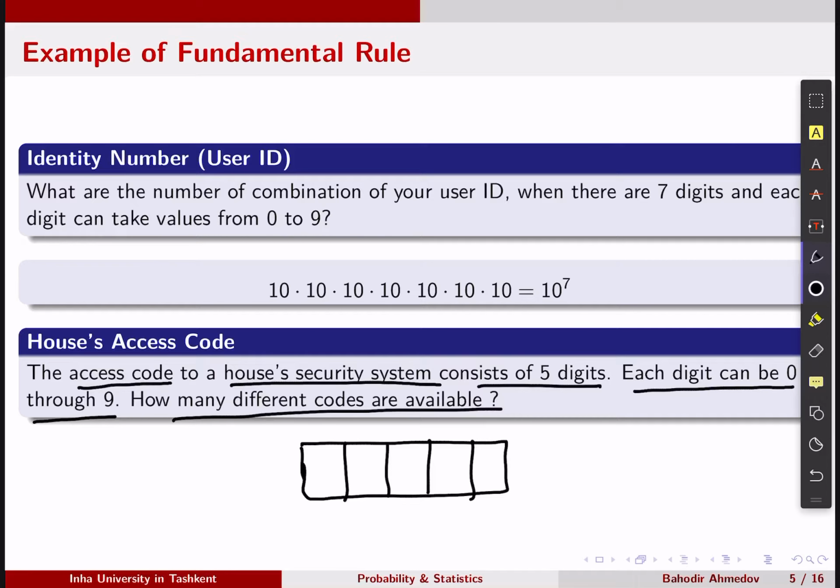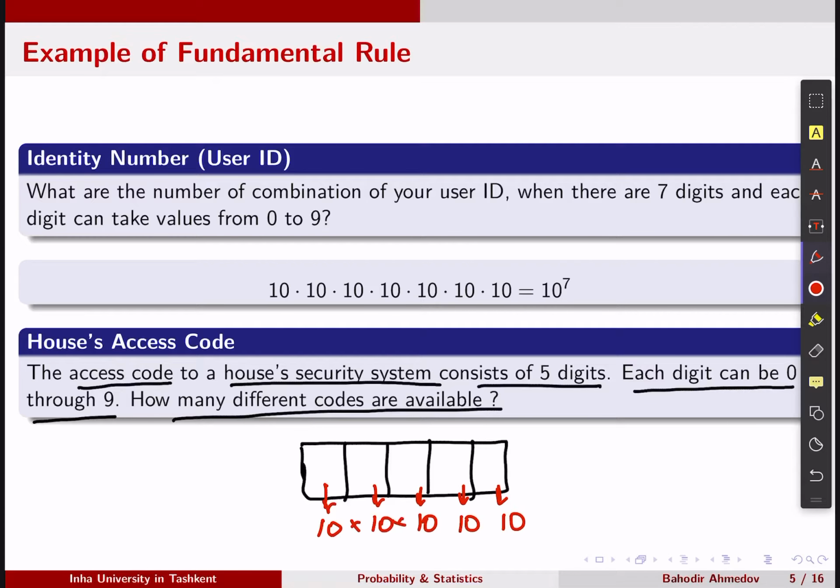What you need to do is type a digit into every box. I would like to know how many different combinations I need to generate in order to break your house system, for example. In this case, you just need to count how many digits you can write to the first place. You can write 10 digits to the first place, 10 to the second, 10 to the third, 10 to the fourth, 10 to the last.